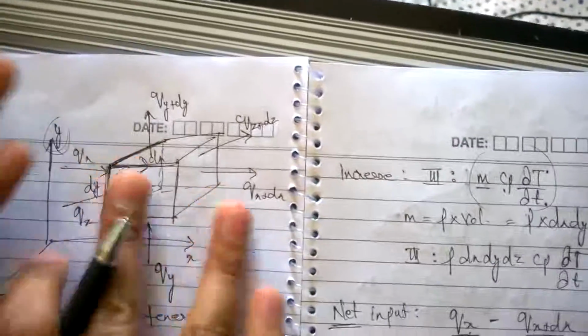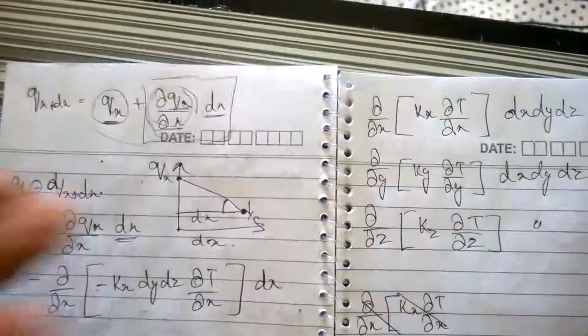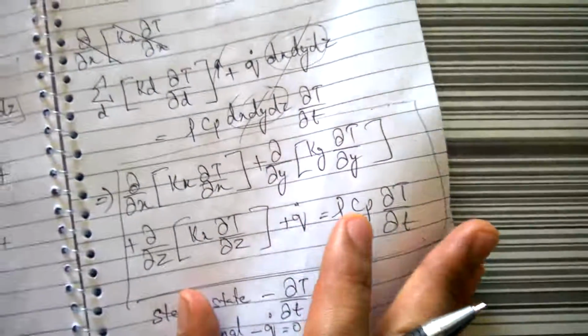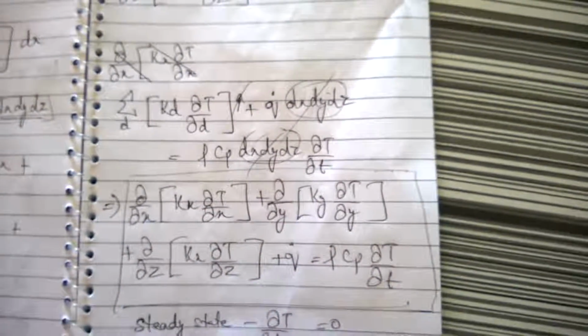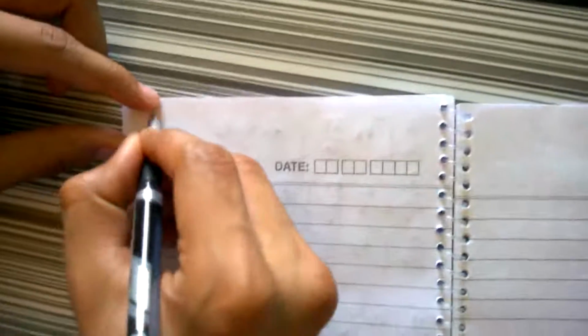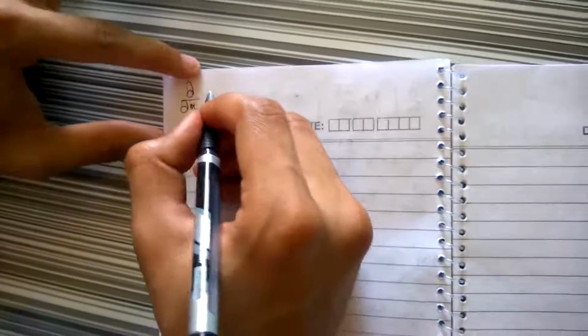Now we have actually derived what the equation for conduction looks like. When we have an element like this, we will end up with an equation like this describing the temperature profile. Now if we simplify this equation and say that there is only one dimension involved, we can simply write this as ∂/∂x, with no heat generation as well as steady state.